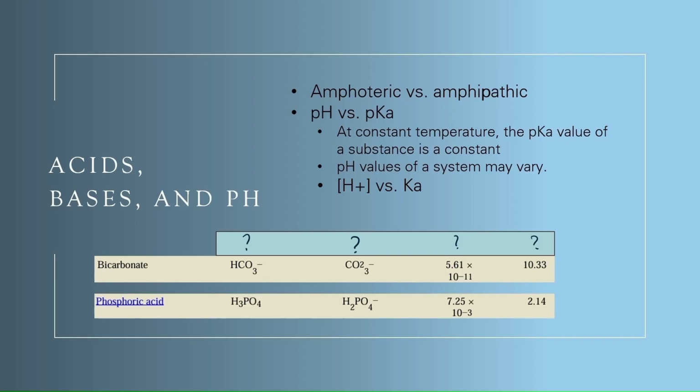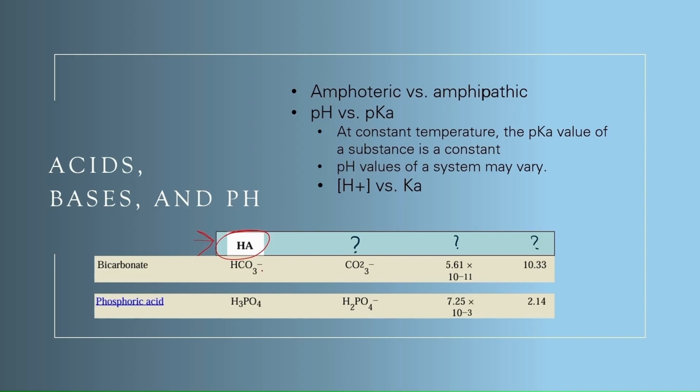Now I want you guys to guess what these labels could be. So the first one, it talks about HCO3 minus, H3PO4, and the column on the left says bicarbonate and phosphoric acid. So what is it? Yes, they are the names or chemical formula of the acids. Okay? Then we have CO3 2 minus and H2PO4 minus. With respect to the chemical formula, what is changing?